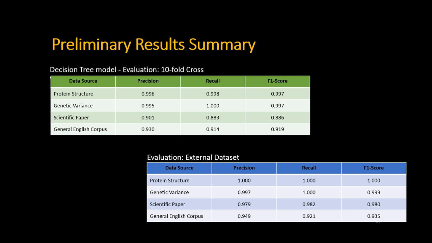And with the external tester set, our model results in comparable scores to those of the cross validation, with F1 scores of 1.0, 0.99, 0.98, and 0.93 for distinguishing the protein structures, genetic variants, scientific papers, and general English corpus.